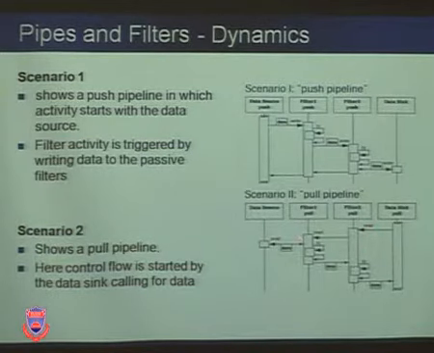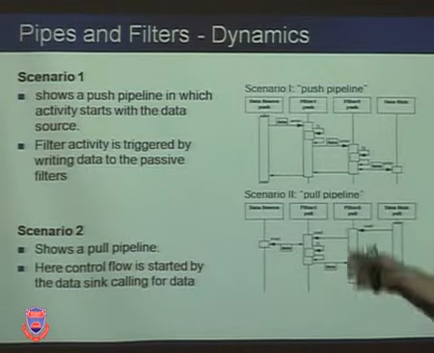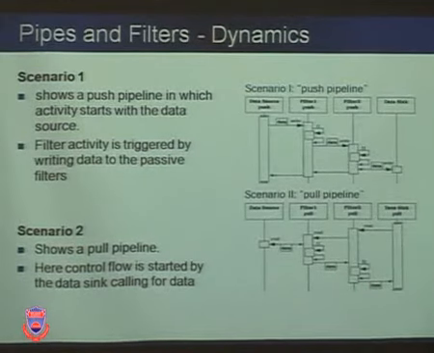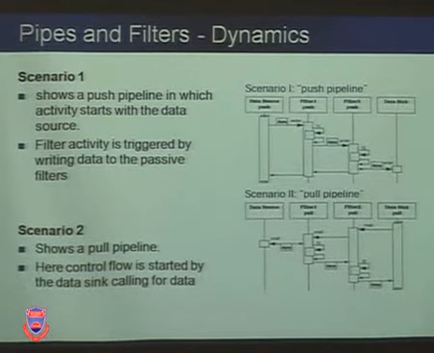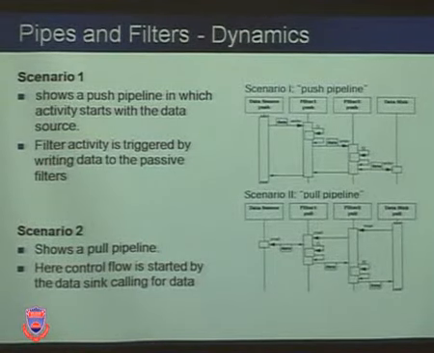Then this filter pulls from the previous filter, with a read request here, eventually a read request to the data source. So there's a push pipeline, where the data is pushed, and a pull pipeline, where we ask for data. This is the same pattern, but a different application. You might need to reconsider which alternative is suitable for your application, so you have to explicitly describe that.